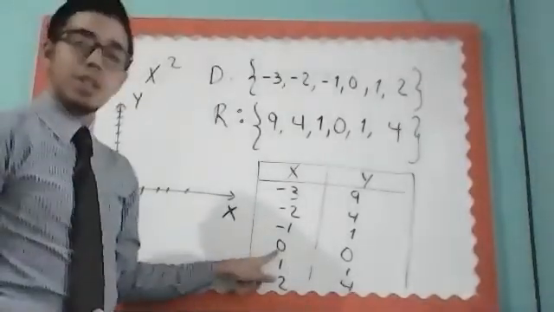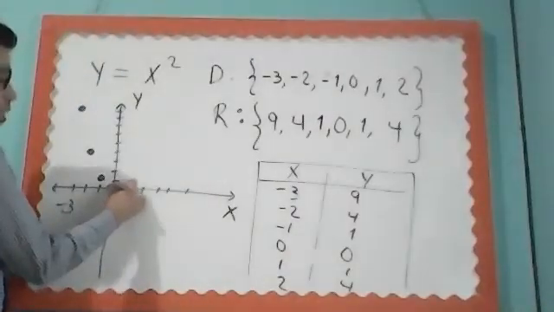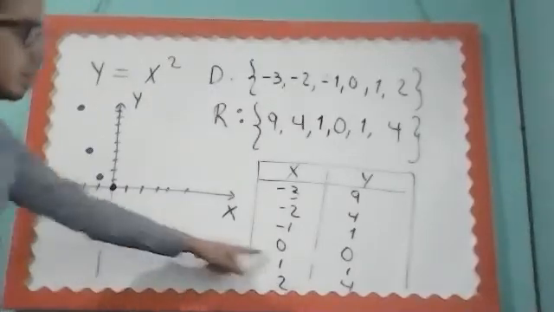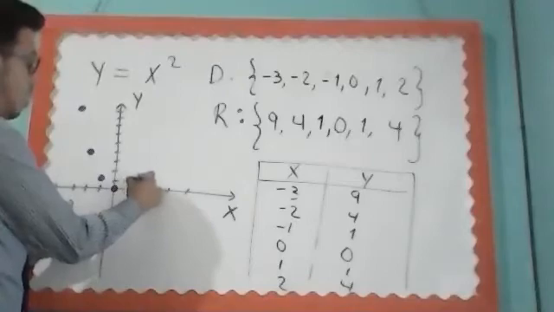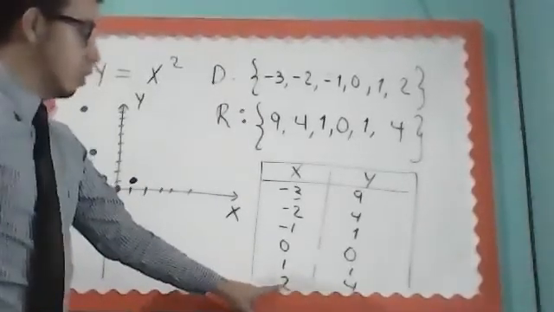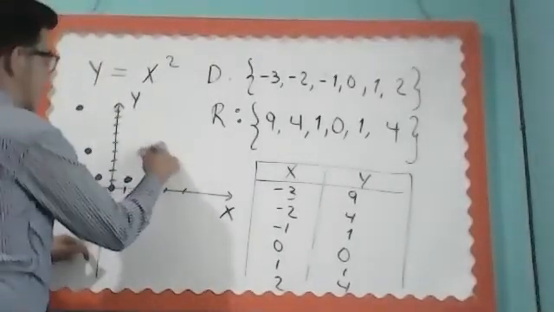When x is 0, y is 0. So you have 0 in here. When my x is 1, y is 1. I have +2 for the x.